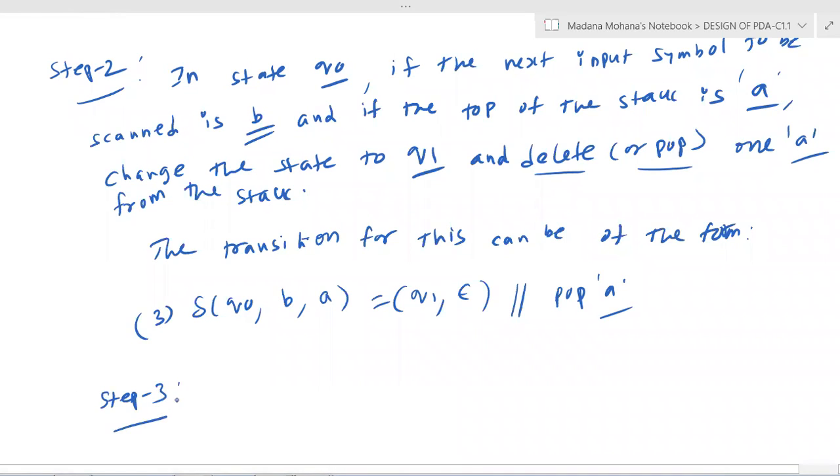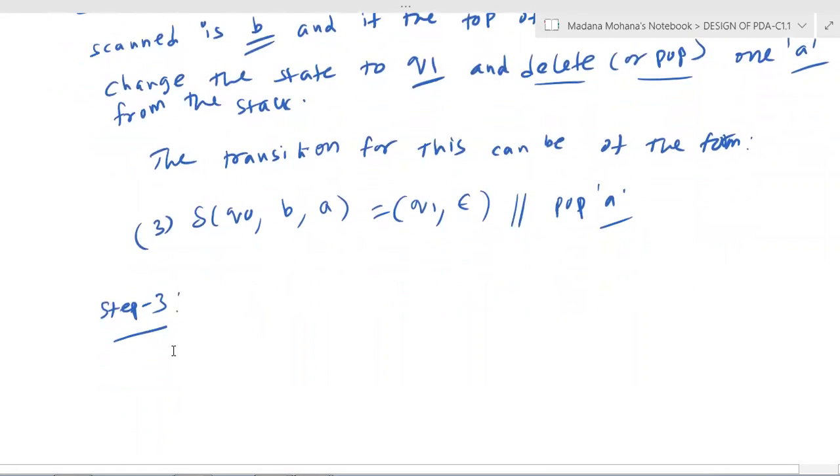That means we have more than one A on the stack. That's why there is a chance of more than one B in the input string. The remaining inputs also you can pop or delete by seeing the corresponding A's on the top of the stack.